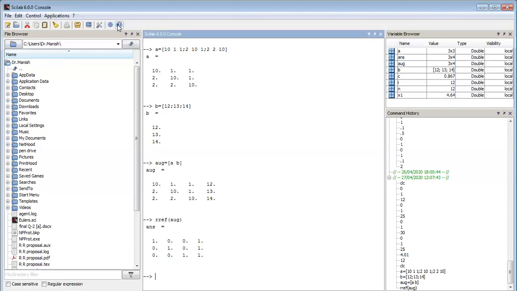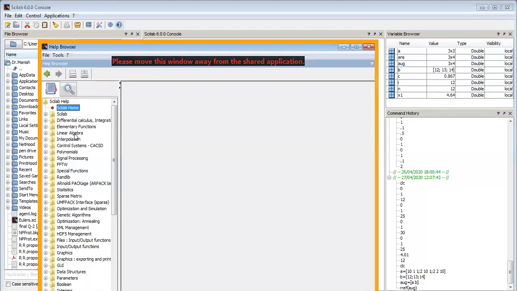For solving the system of linear equations, you can always make use of this help.